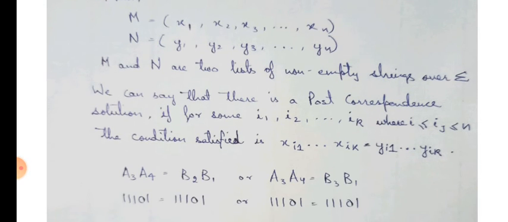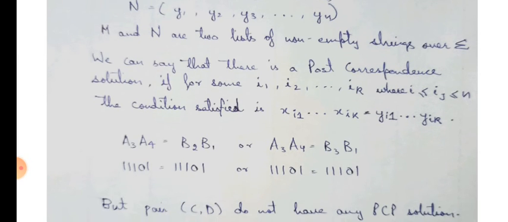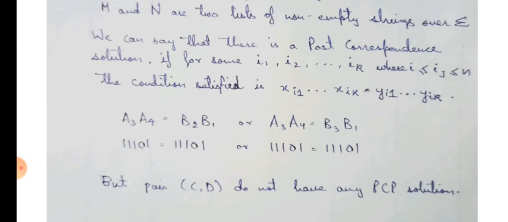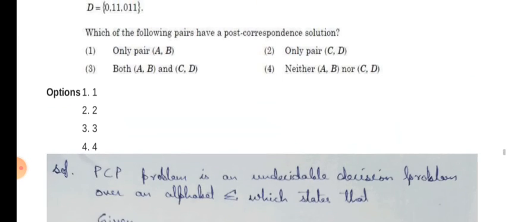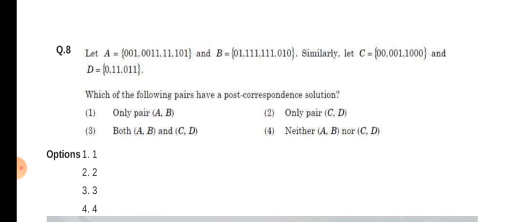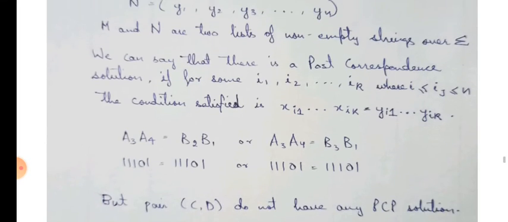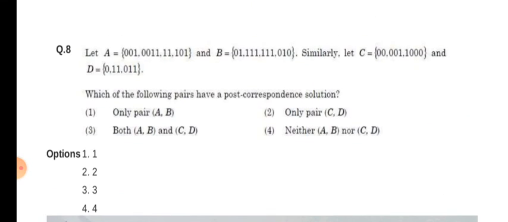We can say that there is a post correspondence solution if for some i1 to ik, where 1 is less than or equal to ij less than or equal to n, the condition satisfied is xi1 to xik is equal to yi1 to yik. Now a3 a4 is equal to b2 b1. We can see here in the question a3 a4 is equal to b2 b1. a3 is 11 and a4 is 101.